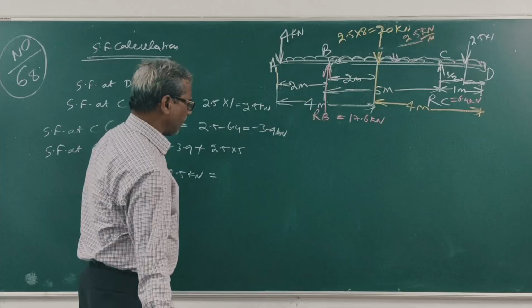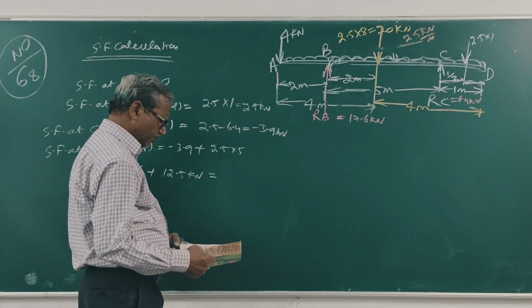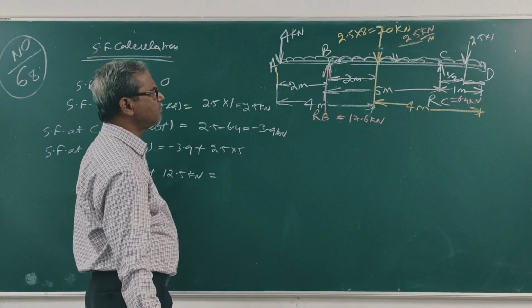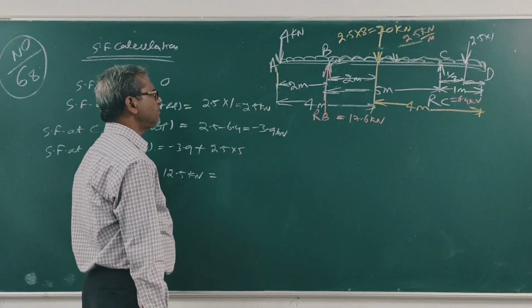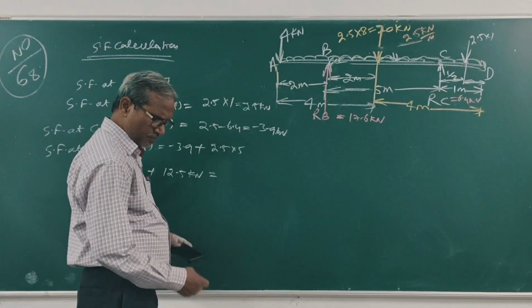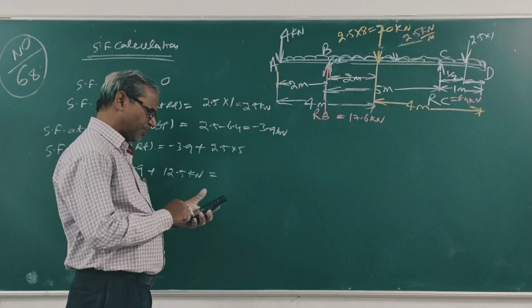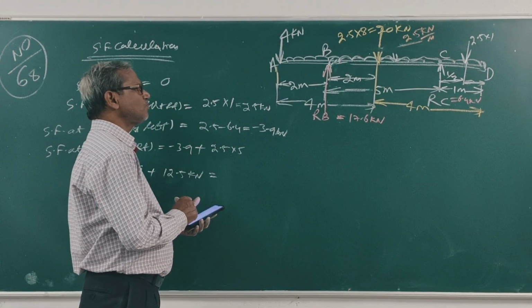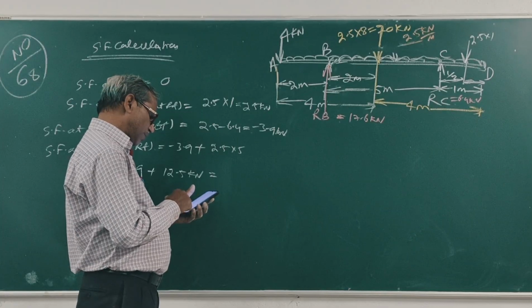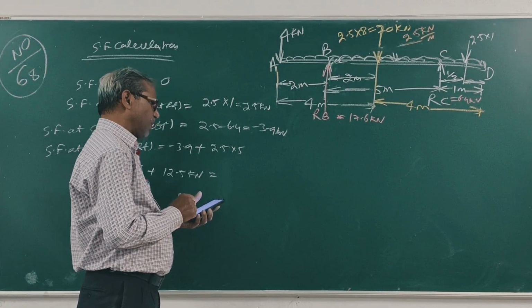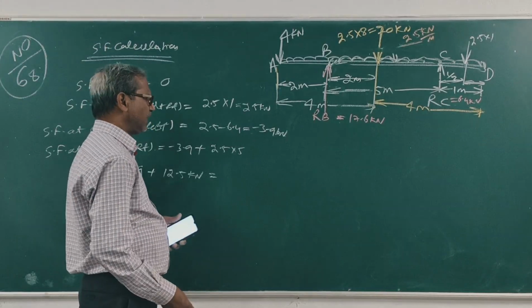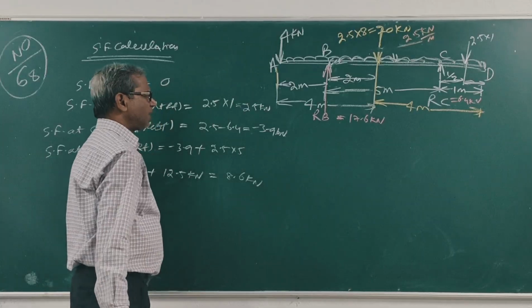Minus 21.5 plus 12.5 is minus 9 kilonewton.